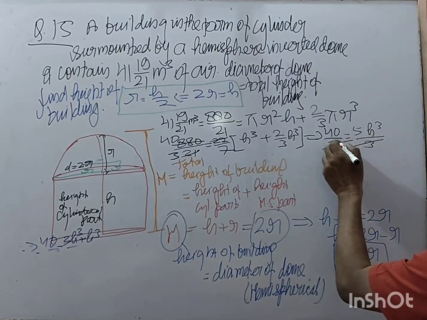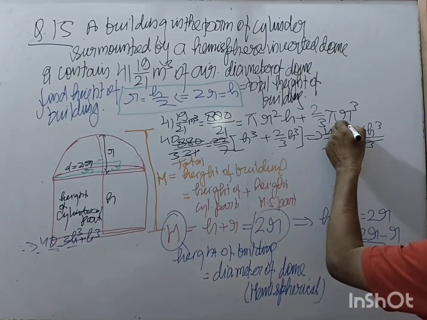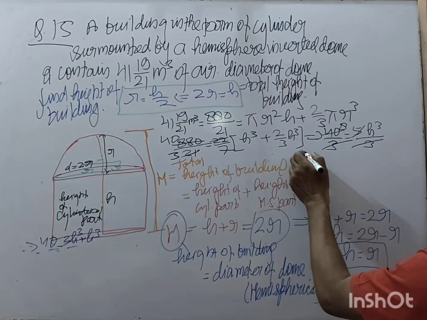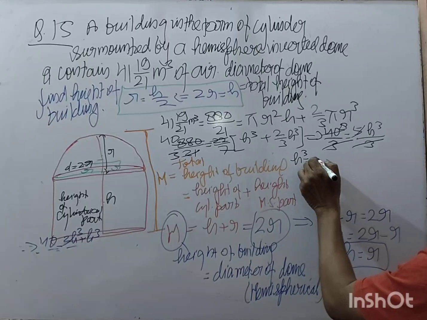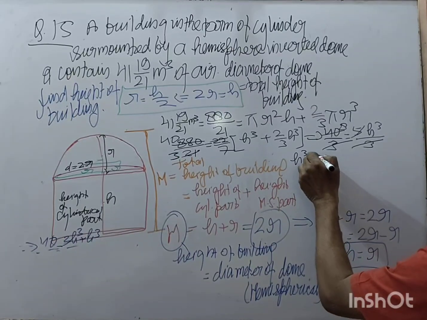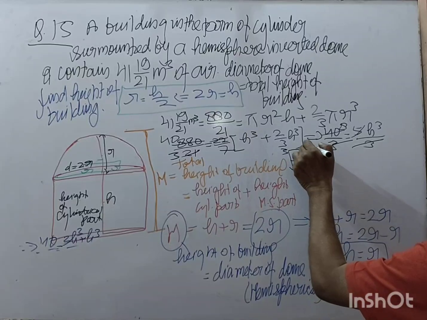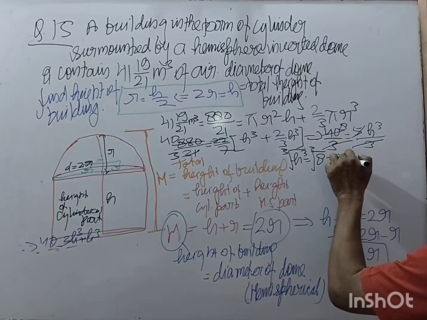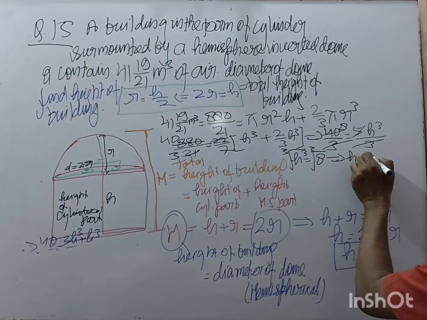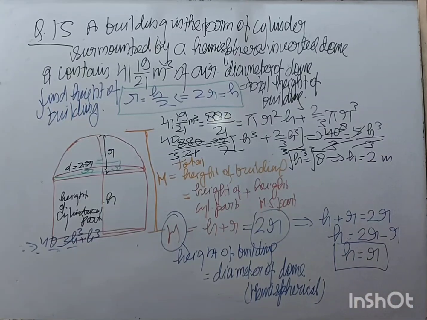So 3 is gone, it is 8 times. So h cube is equal to 8. Taking cube root both sides, we get h is equal to 2 meter.